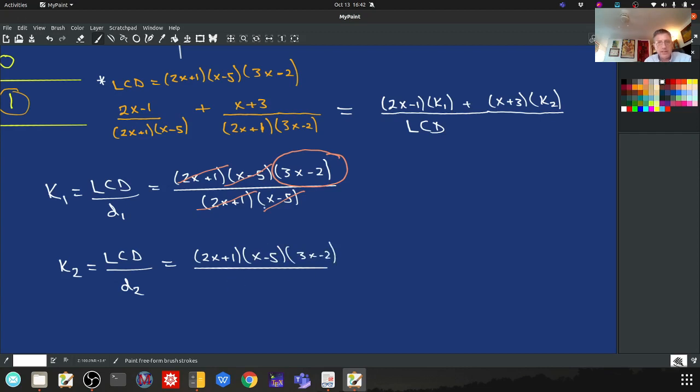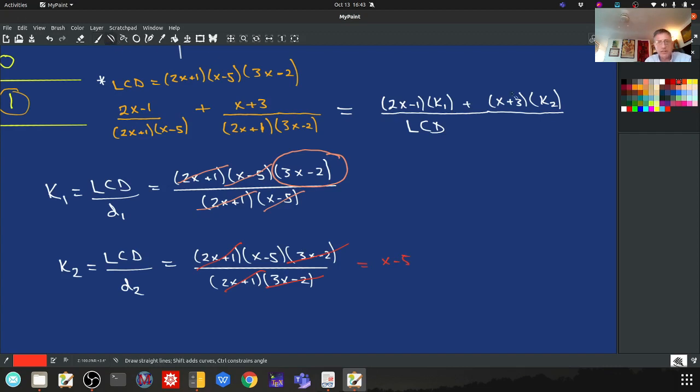And my second denominator is right there, 2x plus 1. That's the reason it's kind of nice to write them in their factored form, 3x minus 2. And then we just cancel like factors. 3x minus 2 cancels, 2x plus 1 cancels, so it's equal to x minus 5.